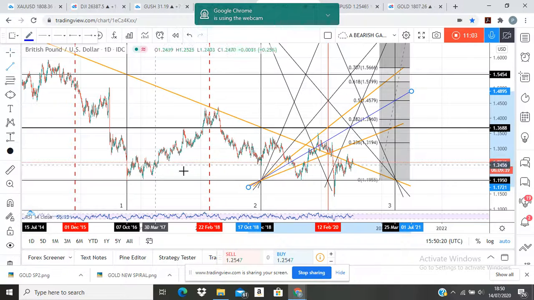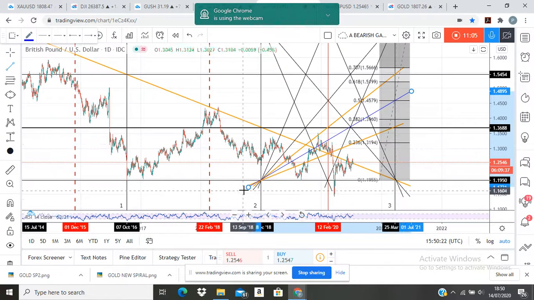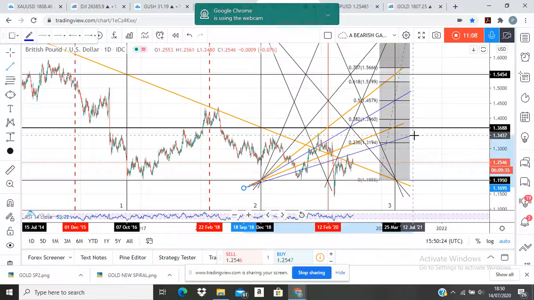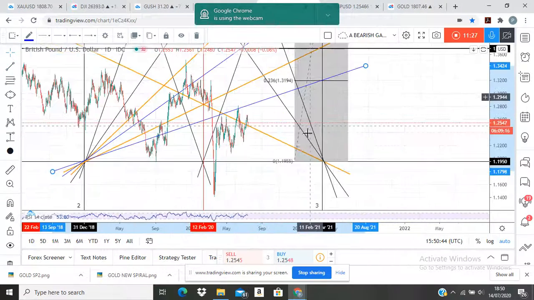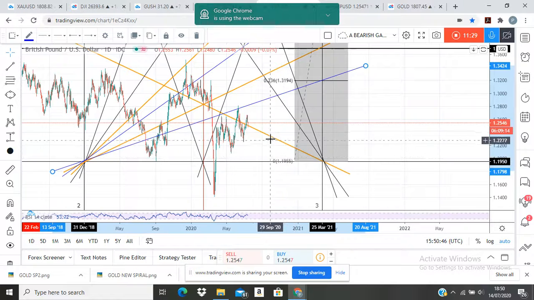We can draw also the 0.236 angle, which is this. This is the 0.236 angle. We would not draw the other angles because I just wanted to use these two angles to illustrate something.